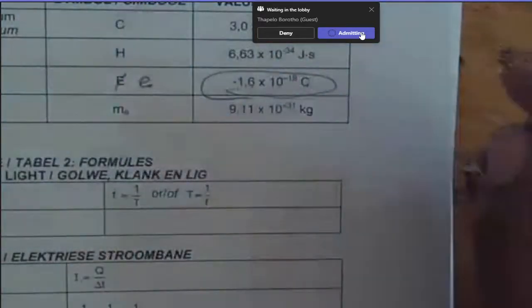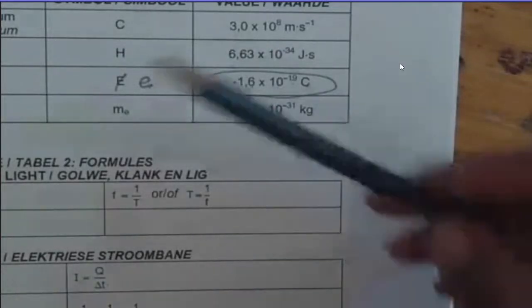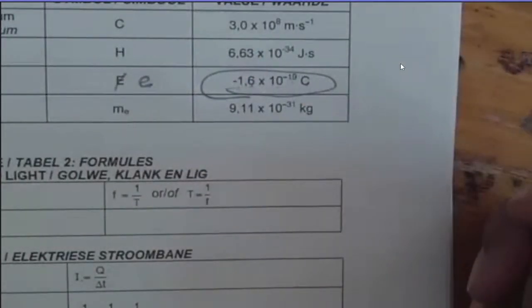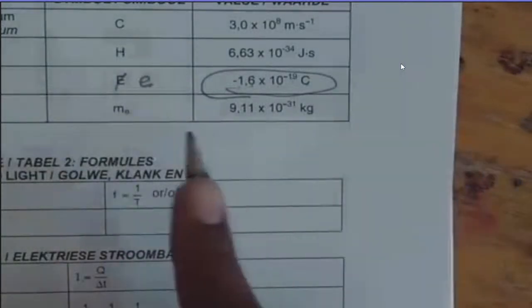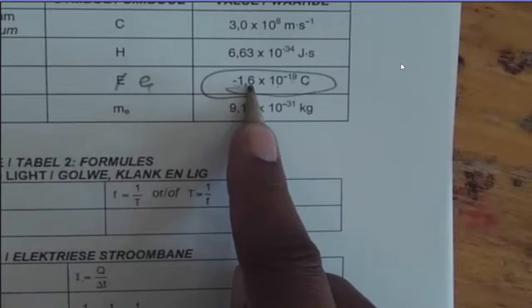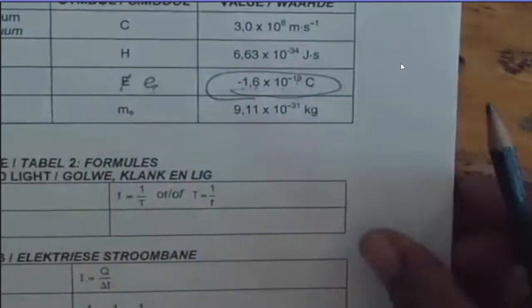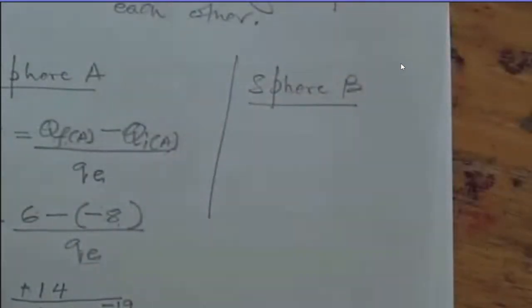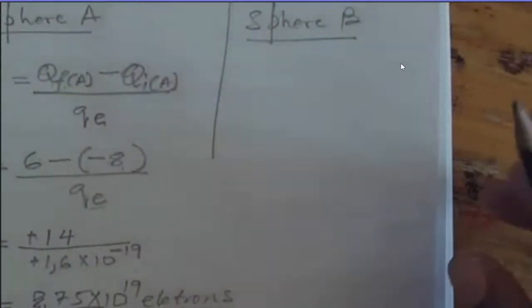You take it from the data sheet for paper 1. You'll be provided with the data sheet on Monday. So you get it from there. The charge of electron is a constant, negative 1,6 exponent 19. So I think I answered that question, Mr. Nambani.